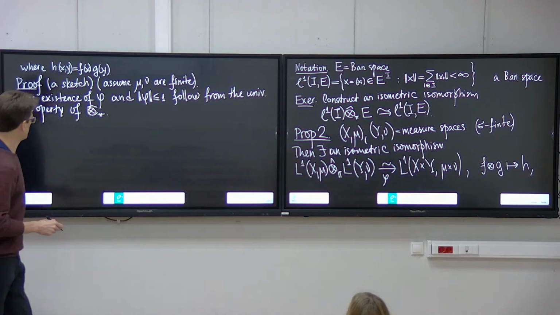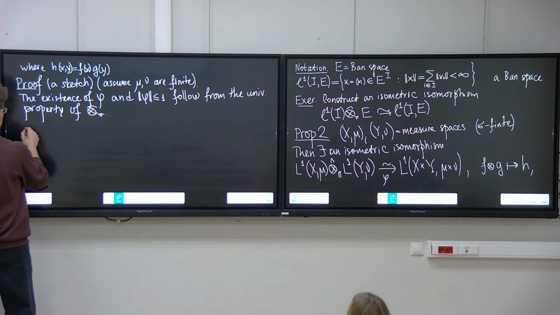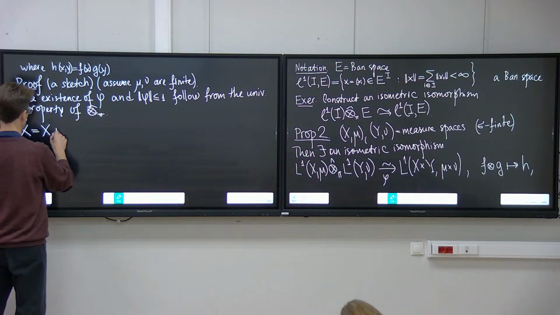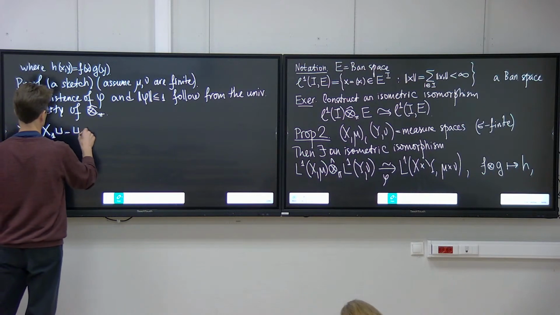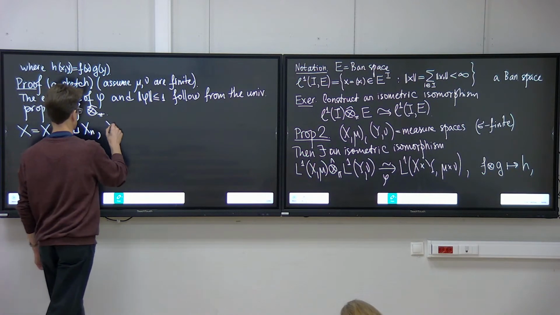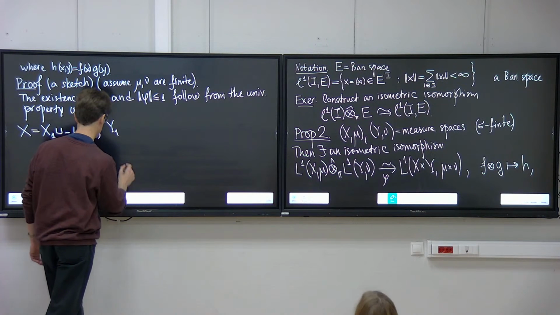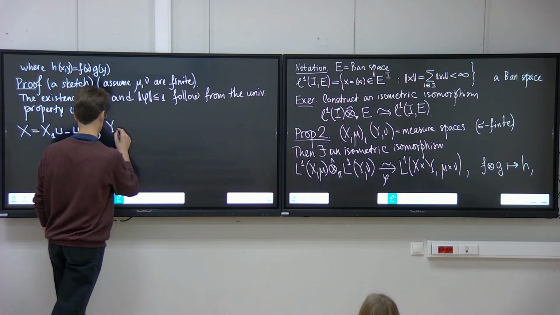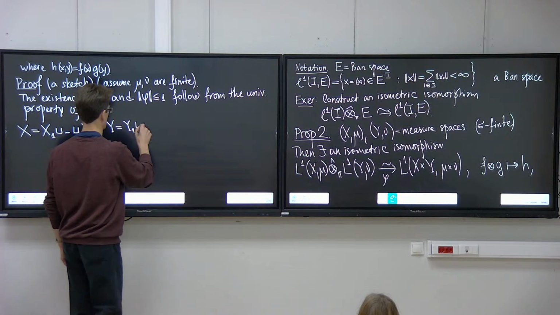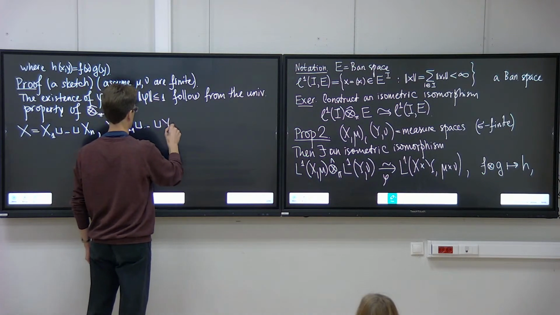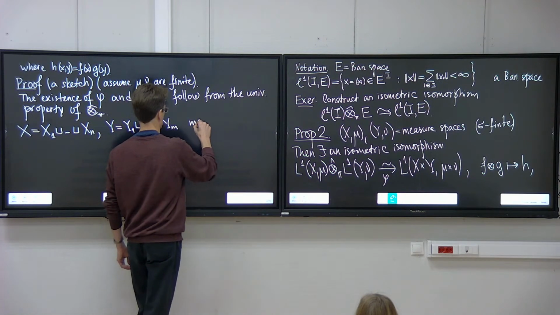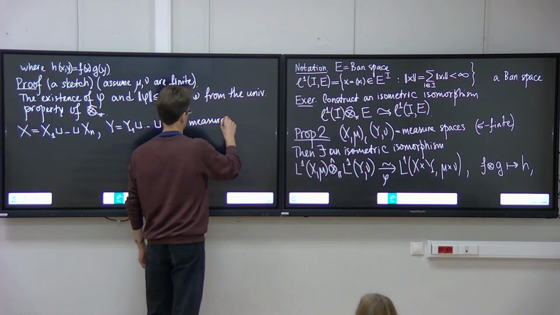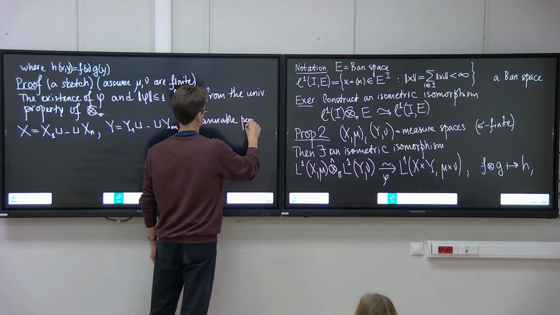And to prove this, we consider finite measurable partitions of the following form: X1 to Xn, and Y1 to Ym.